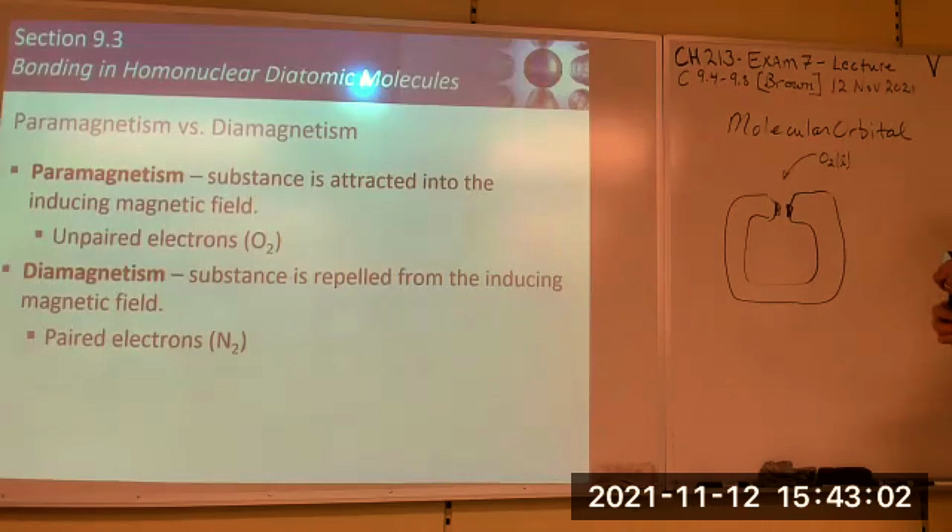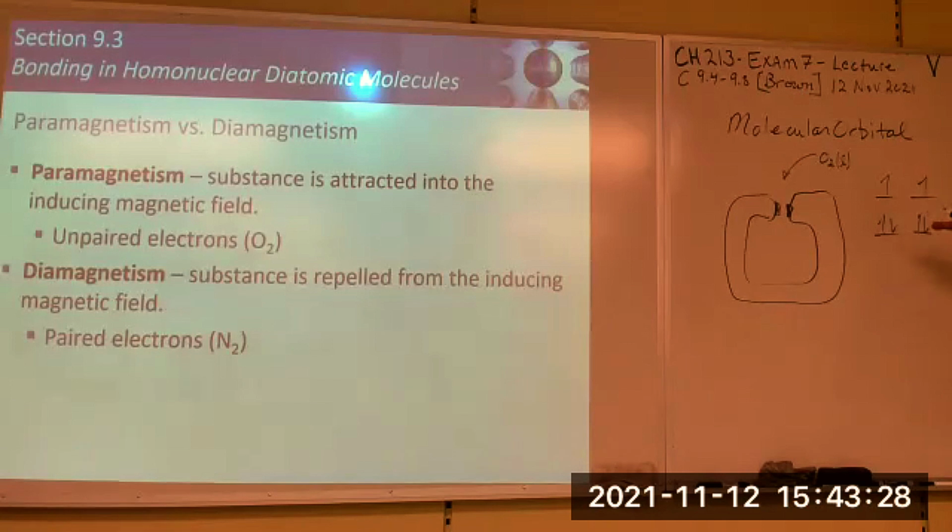What's happening is, with those two unpaired electrons, they both have the same spin. They don't cancel their spin out. They reinforce their spins. The rest of them below them would be like this, this, this, this. Those are paired.